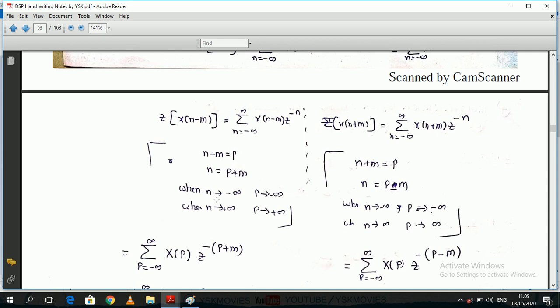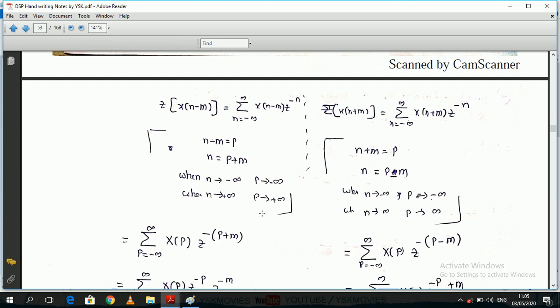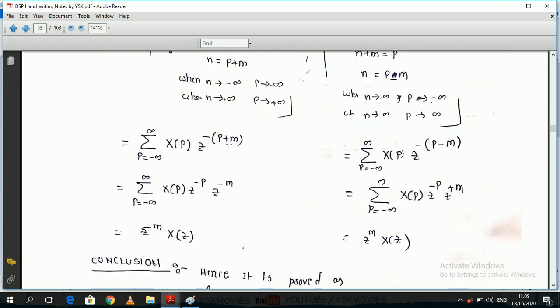So when n equal to minus infinity, p equal to minus infinity, and n equal to plus infinity, p equal to plus infinity. See what happened, x[p] z power minus (p plus m). So z power minus p, z power minus m, just keep z power minus m aside, and it looks like X(z) again.